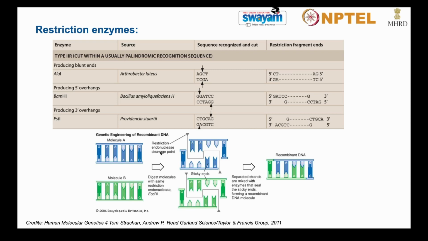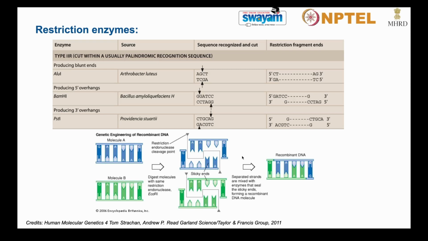Now both have undergone restriction digestion. So it can either produce the sticky end or the blunt end. The advantage of sticky ends is that, as the sticky ends are complementary, they can further bind. You can consider that molecule A is your DNA of interest and molecule B is the one in the vector.